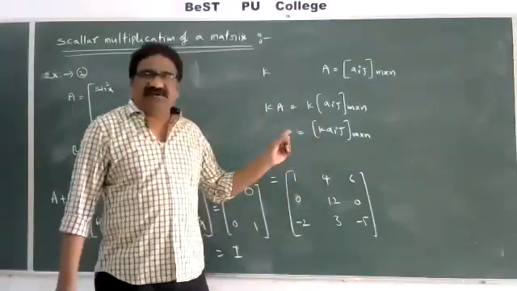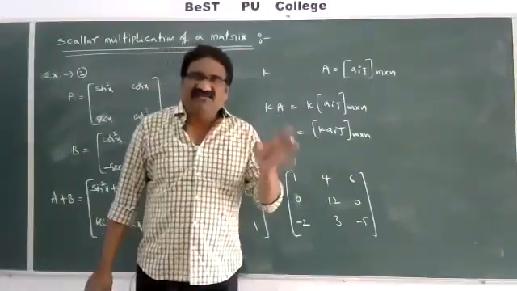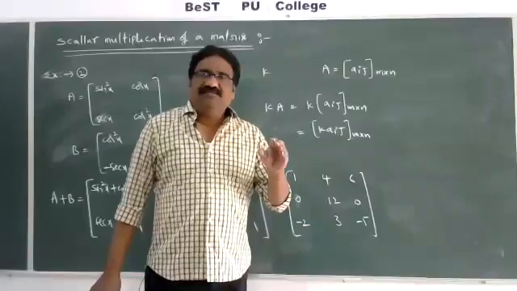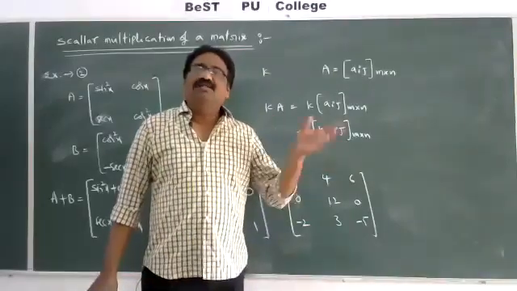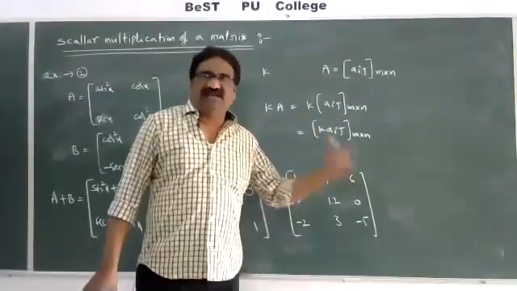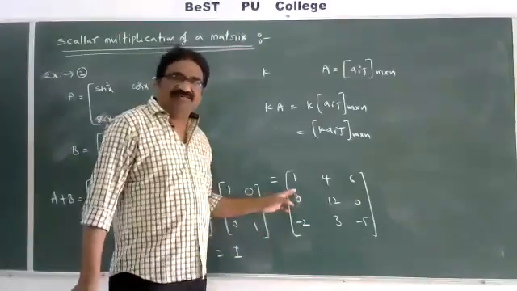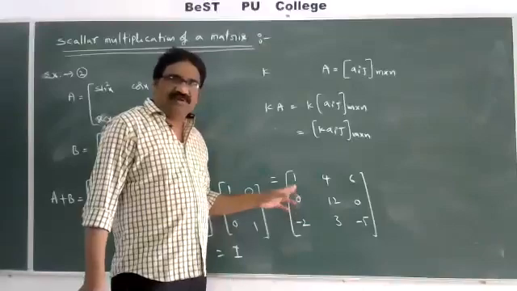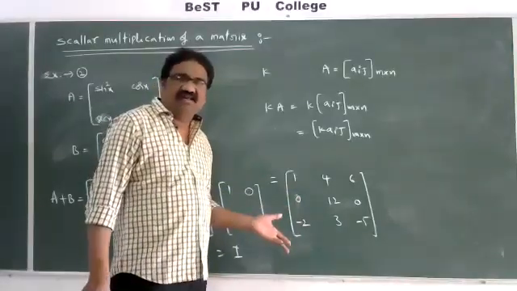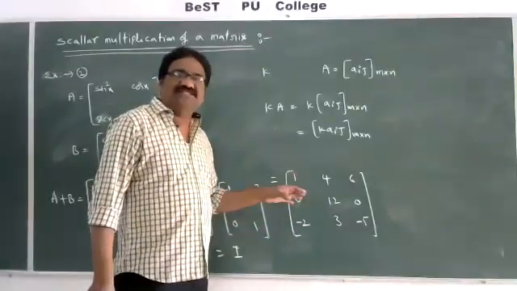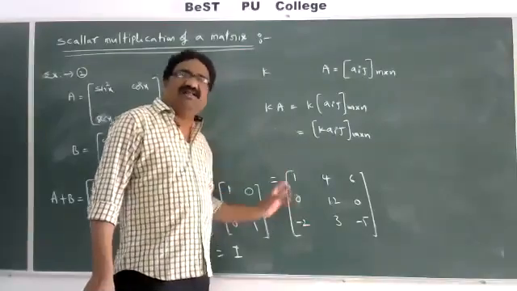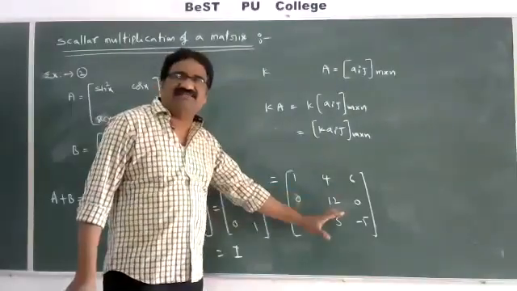If any scalar is multiplying with the matrix, then we must multiply all the elements with K. For example, this is the matrix. We want to multiply with 2. 2 is any scalar. 2 is multiplied with all the elements of this matrix.